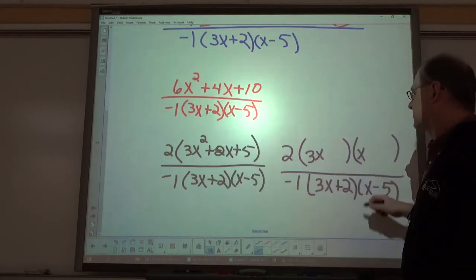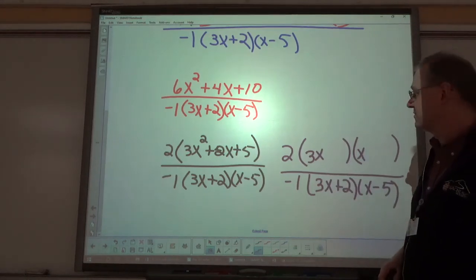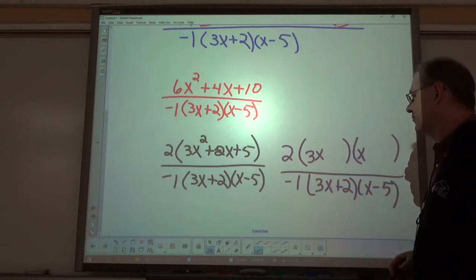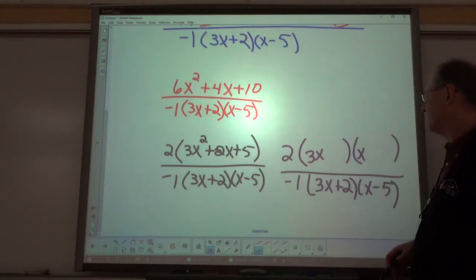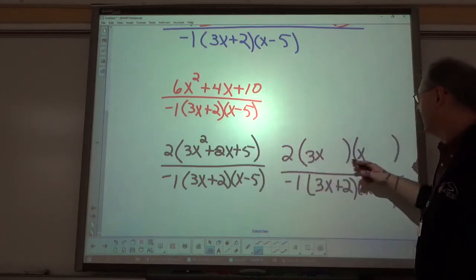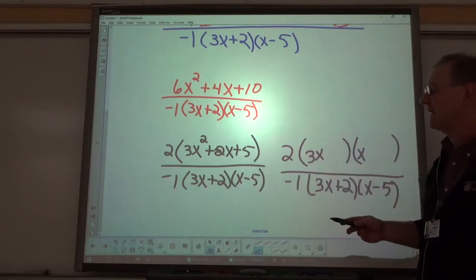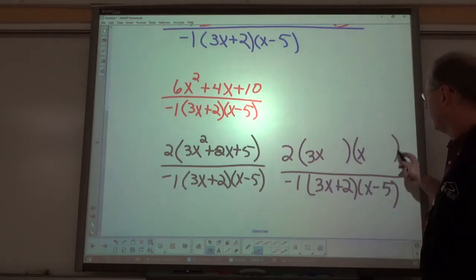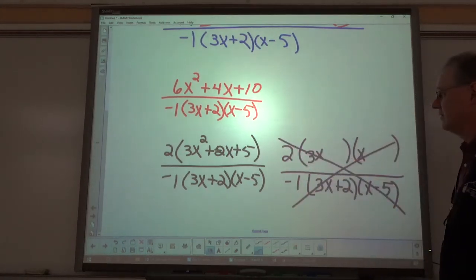3x and x. Well, it's not going to be minus, and it's not going to be plus 2, so it's just not going to work. I could put a 5 in there, but because the signs are both plus, I'm not going to get anything to factor to give me a 2 in the middle. So that's not going to be any good.